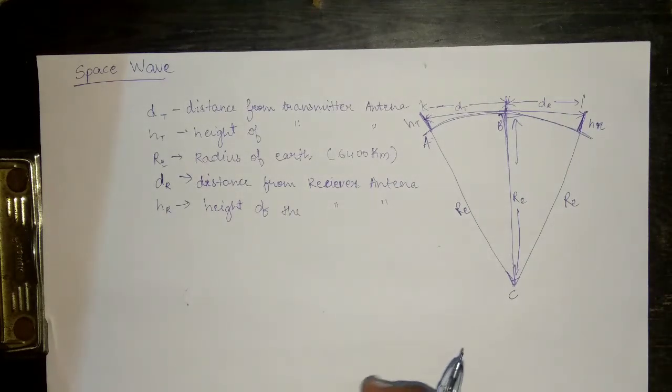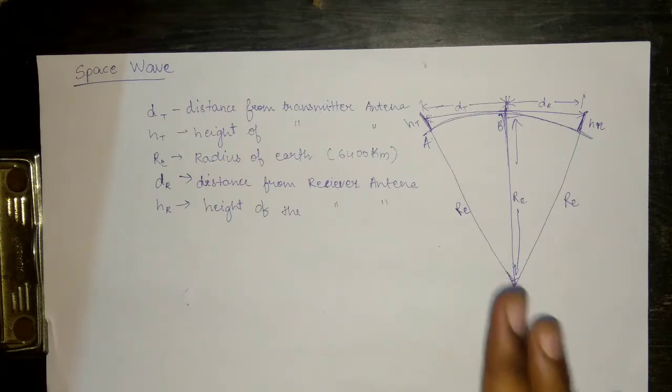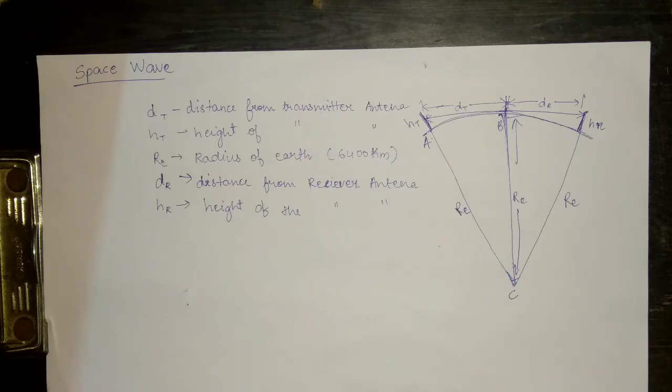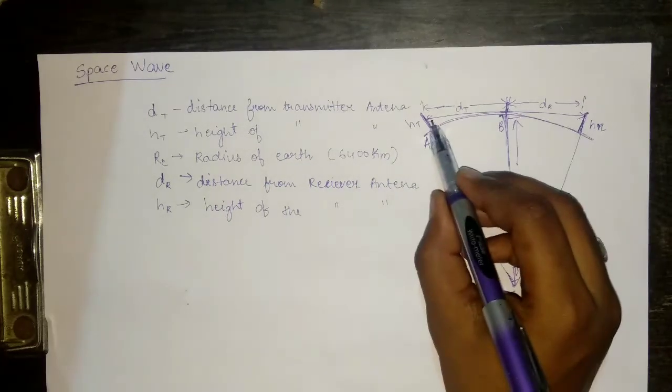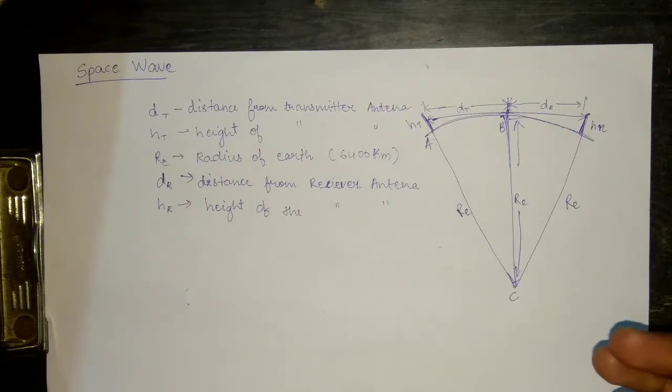In space wave propagation, the propagation takes place only in the straight line. These are used for LOS type of communication, that is line of sight.